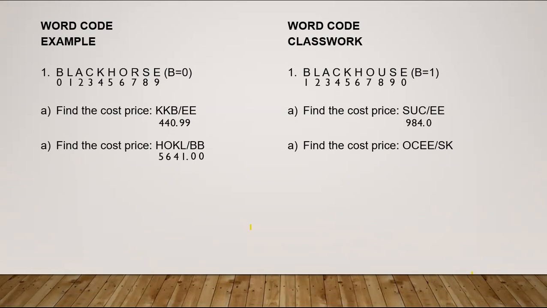Now, OCEE will be O is 7, C is 4, EE will be 0, 0, comma SK will be 9, 5. That is 7,495 cents.